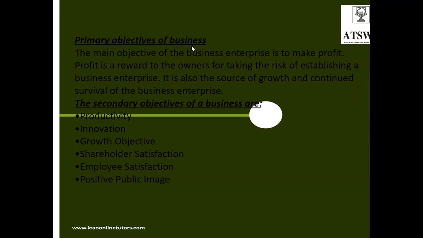It's not only about profit. Profit is not enough. Please don't forget that. There are still some other things that a business organization needs to do. So what are some of the other things that you can do?